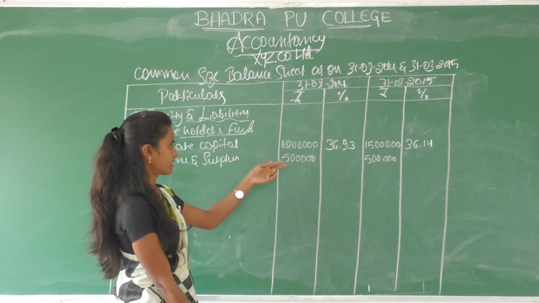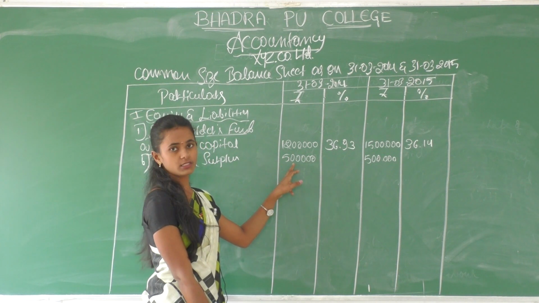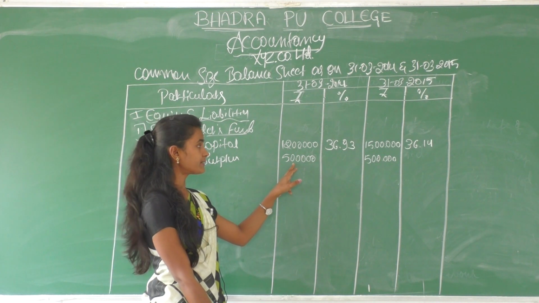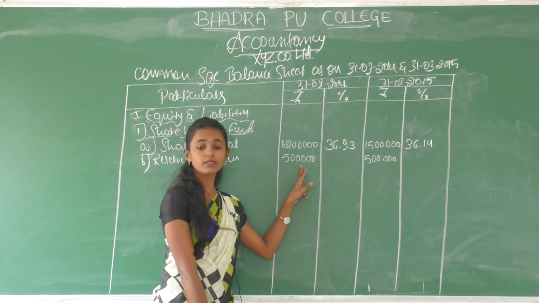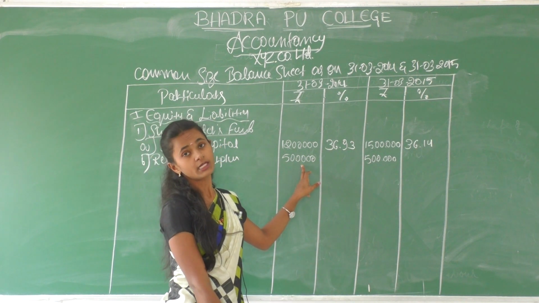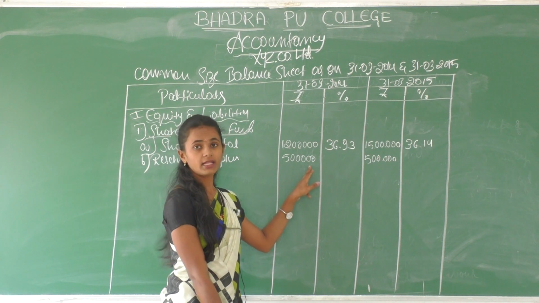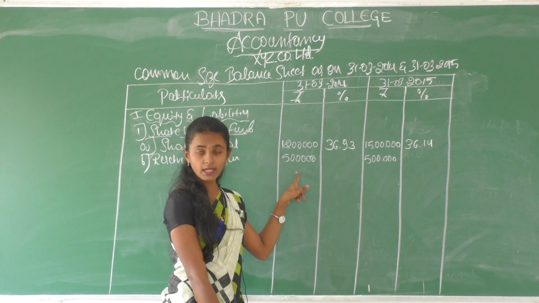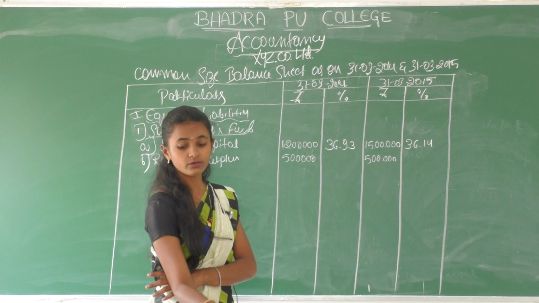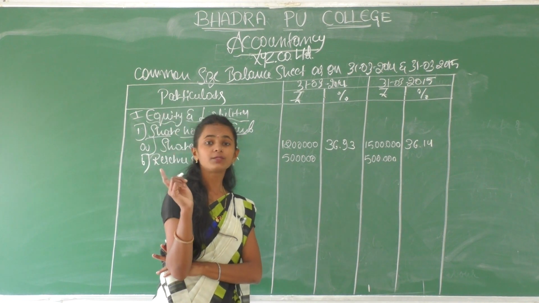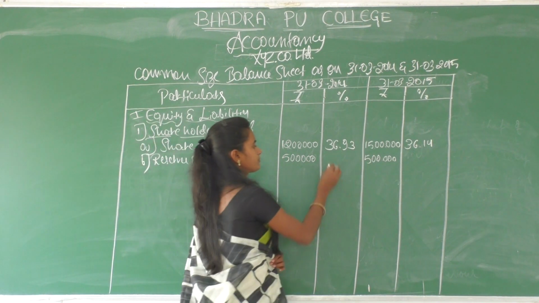So for the calculation, reserves and surplus in case of 2014 is 5 lakh and our common value is 32 lakh 50,000. So the calculation is 5 lakh divided by 32 lakh 50,000 into 100, then you will get 15.38 percentage.